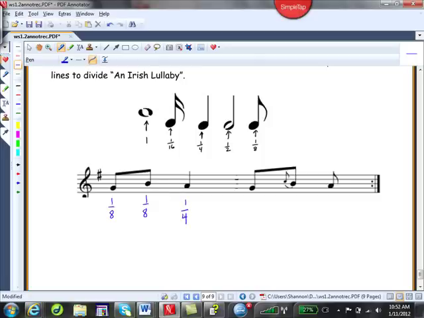Now we're going to have an eighth, another eighth, I know it looks funny, and then an eighth, and you got it, an eighth.